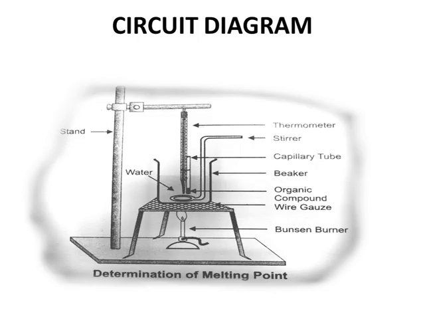Now look at this circuit diagram. You have a Bunsen burner, you have a wire gauze on the Bunsen burner, then you have a beaker. Inside the beaker there is water. The Bunsen burner is to boil that water inside the beaker for you, and you can see the thermometer inside the beaker.